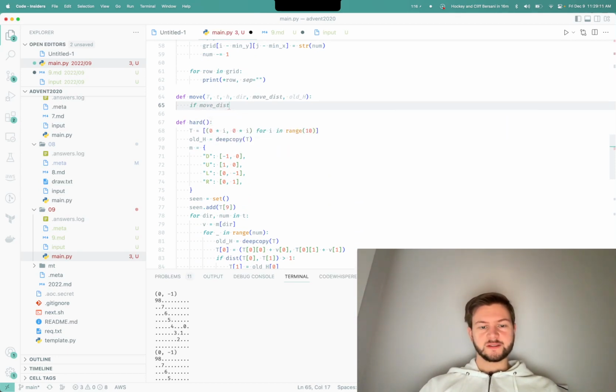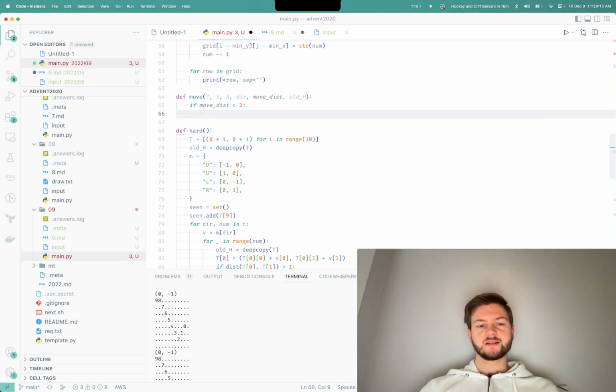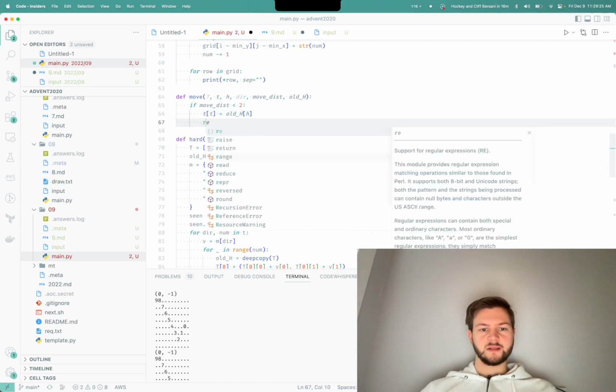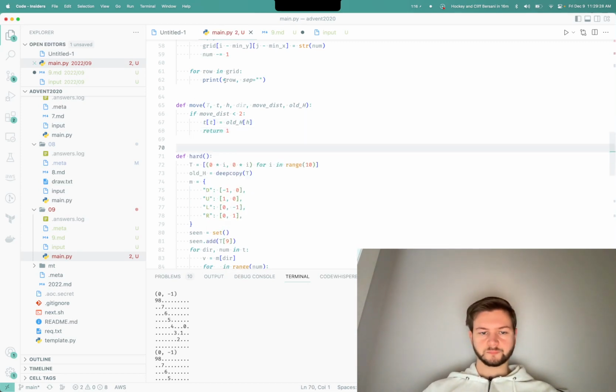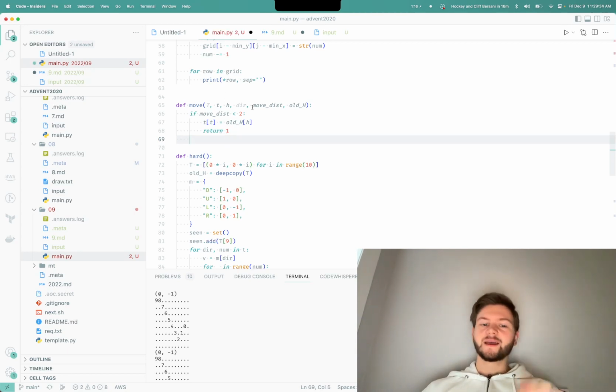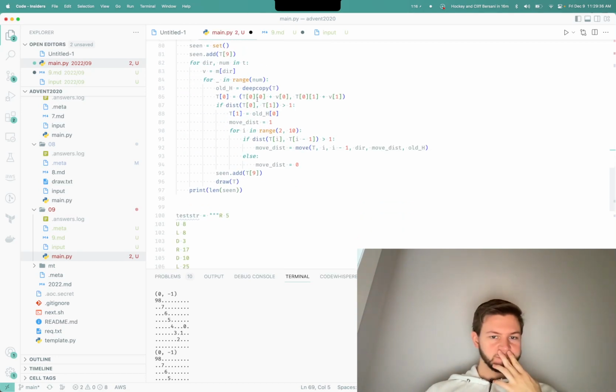If move distance is smaller than 2, then tail equals old head, and return.